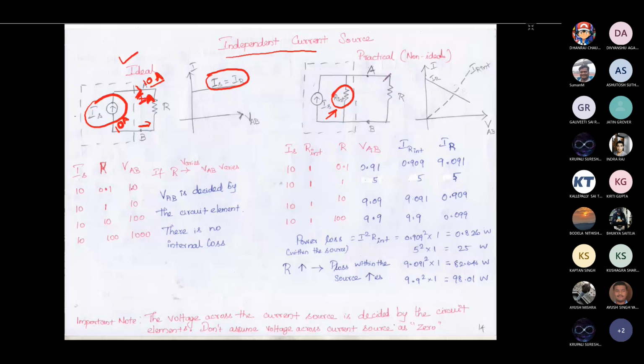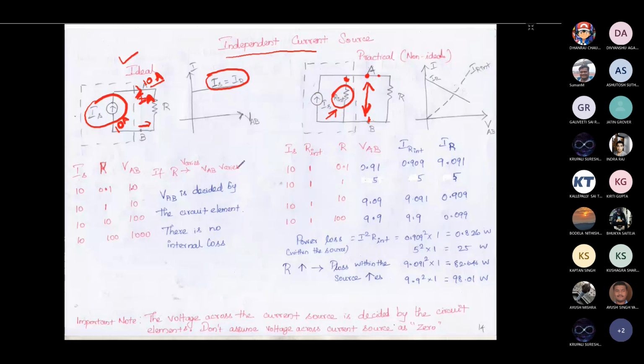Consider that the voltage across these terminals is increasing; then there is a power loss within the current source, which they found.